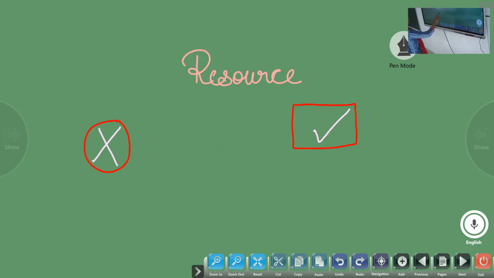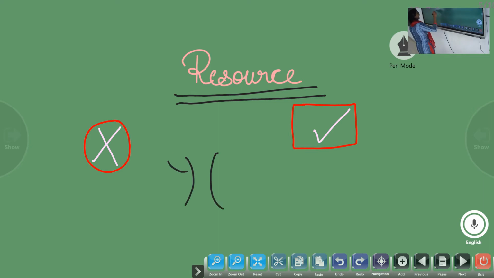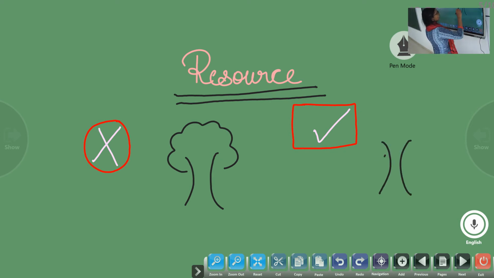Now, how can you identify if it is a resource or not? Let's say I have a tree, and I need you to listen carefully so you understand.